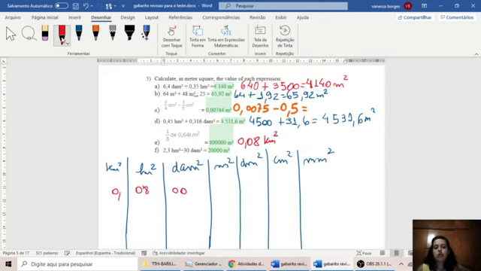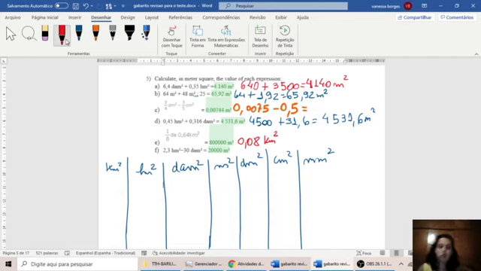I want to get to the meter square, so I complete with these zeros, right? No, it's wrong. Sorry, because I did 60, right?